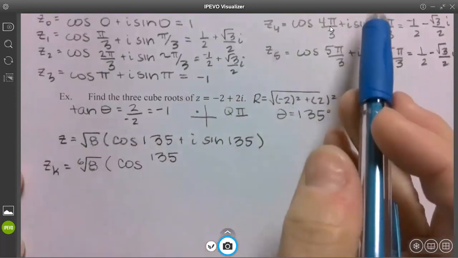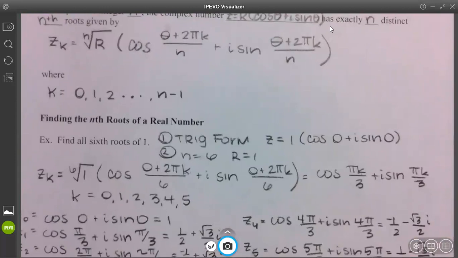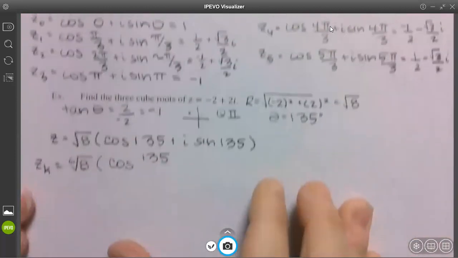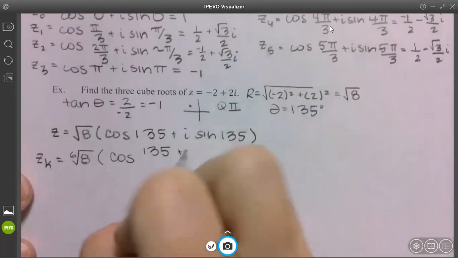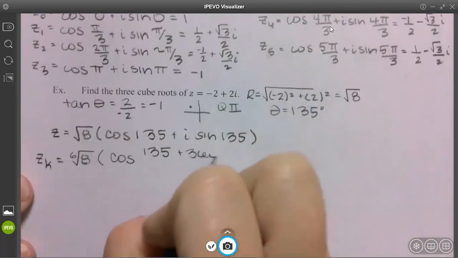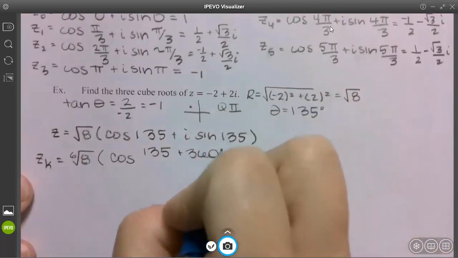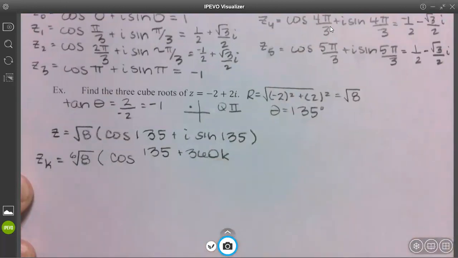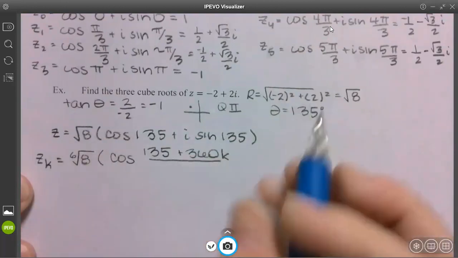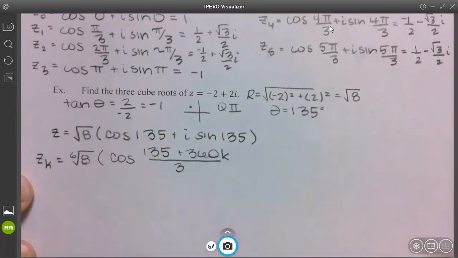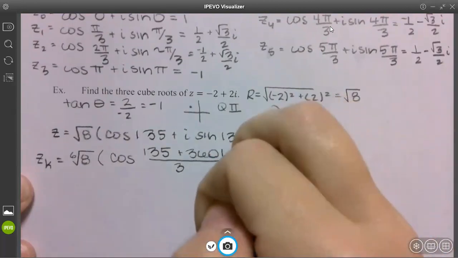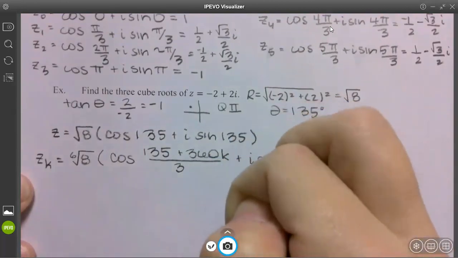Remember that 2 pi up here at the top, we did plus 2 pi k. If we're doing degrees, we're not doing 2 pi, but we're doing 360 k over our n, since we're finding the 3 roots. So that i sine is going to be exactly the same.